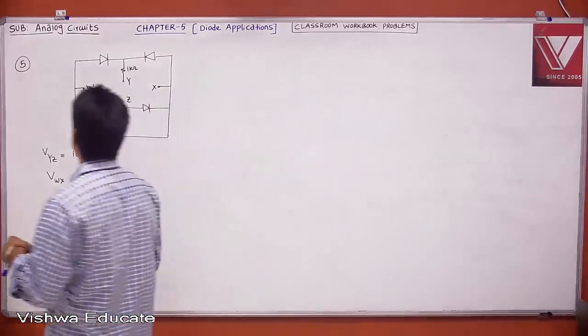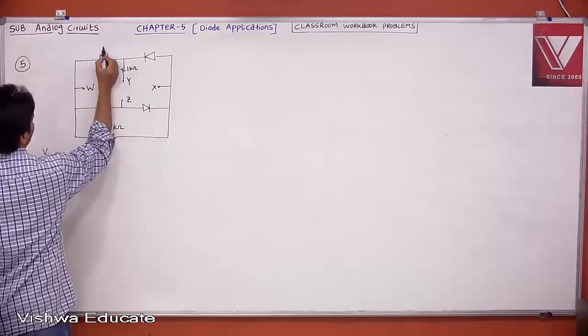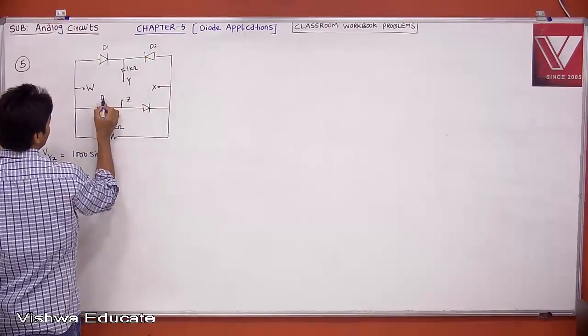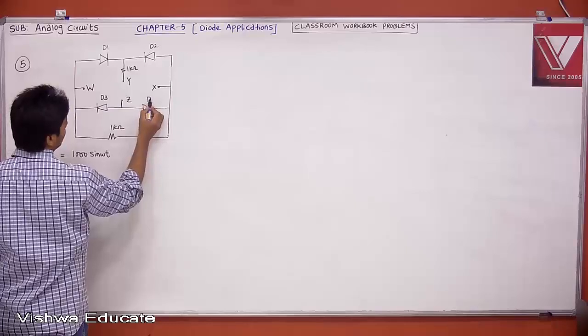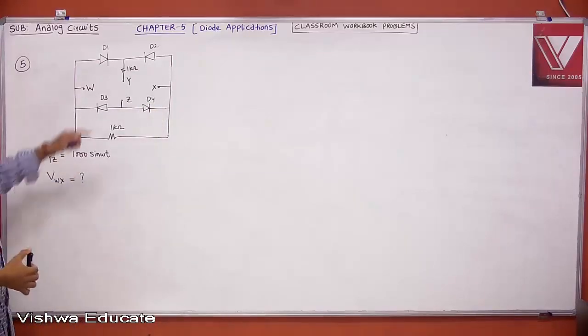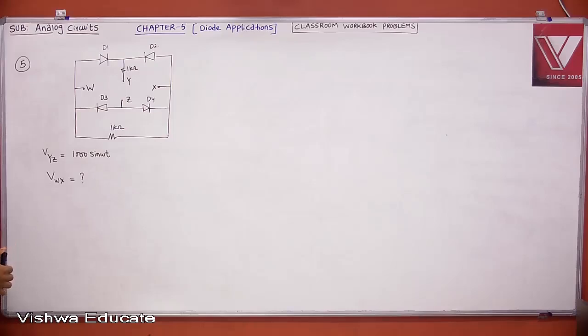Now, let me call these diodes D1, D2. It's not given in the problem, but I'm just taking D3, D4. Your input is at YZ. Now, just to make it simple, for your understanding purpose, can I draw the circuit in a different way? Actually, redrawing.